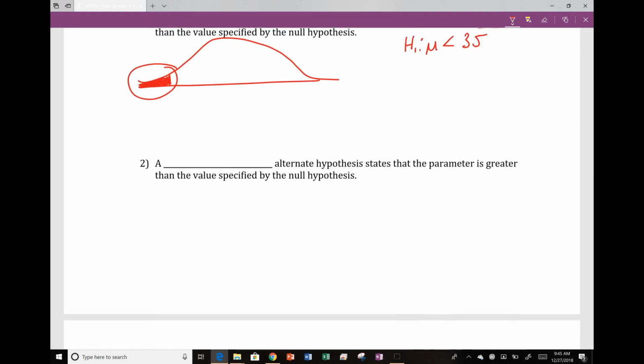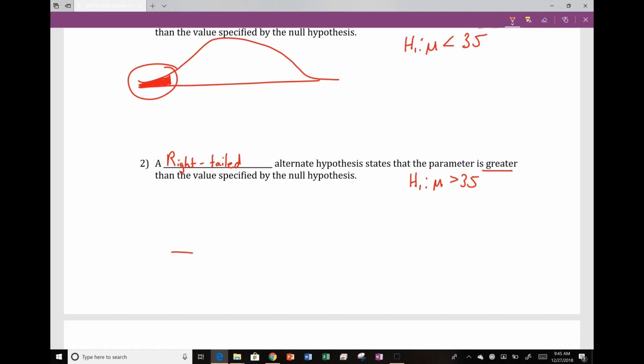The second possibility is what we call a right-tailed test. And you can already guess that a right-tailed test is greater than the specific value. So when we're looking at it, our alternative hypothesis, mu, is greater than 35.